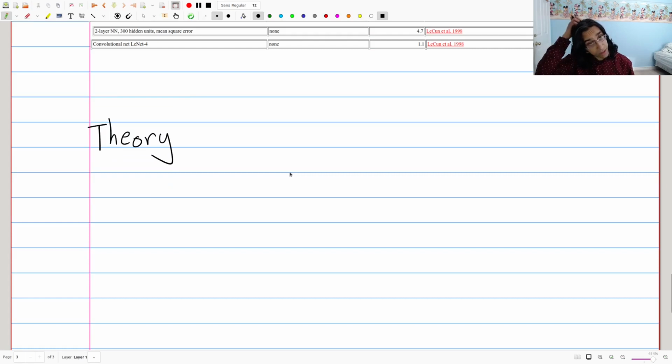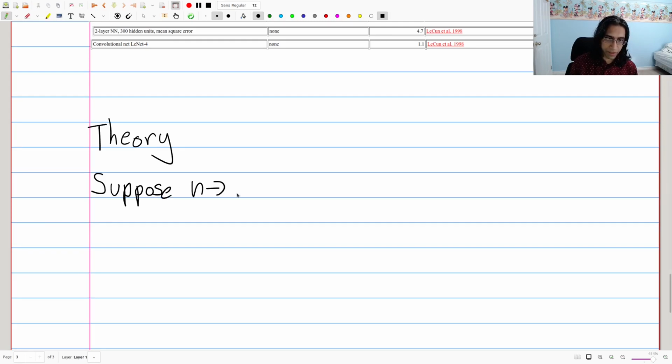Well, there are some theorems which we can say, but one of the important ones, which I'll just state, which I will not prove for you, is the following, saying how good is the one-nearest neighbor classifier. Well, let's say the following. Suppose n approaches infinity, so we take a lot of points. We'll revisit this in a sec. You might think this is kind of silly, but yeah, suppose we take n points going to infinity.